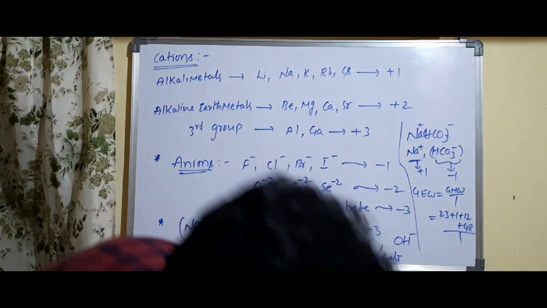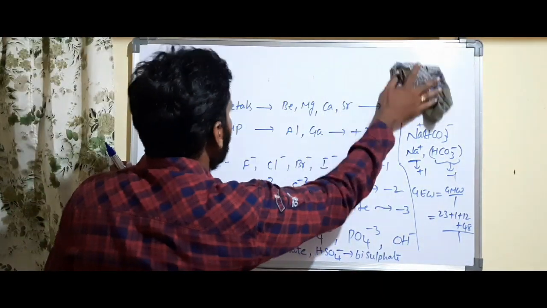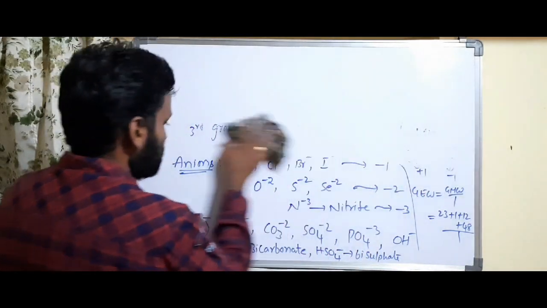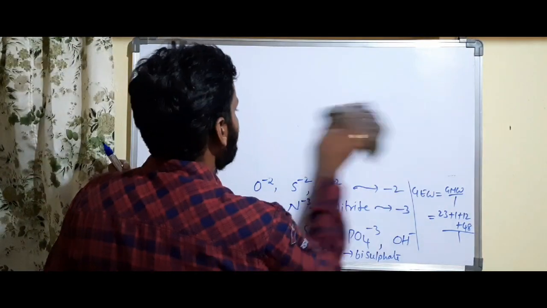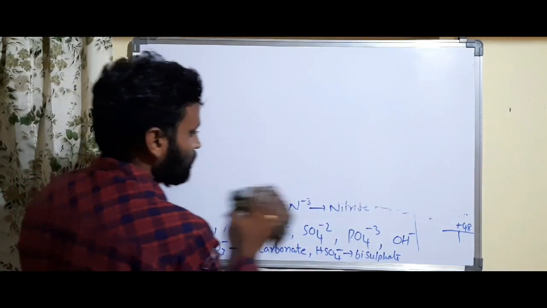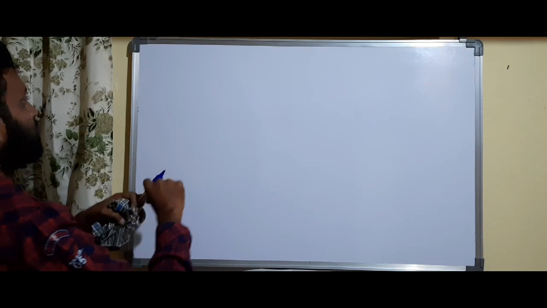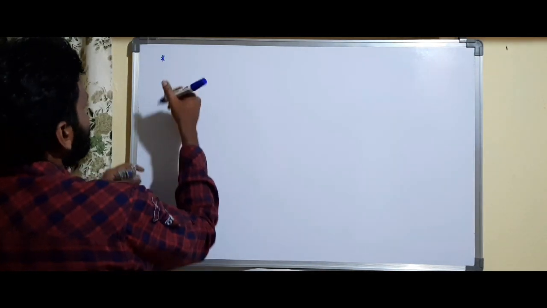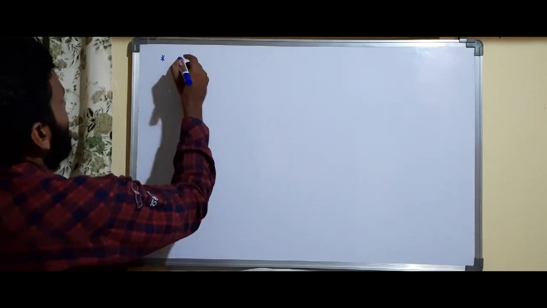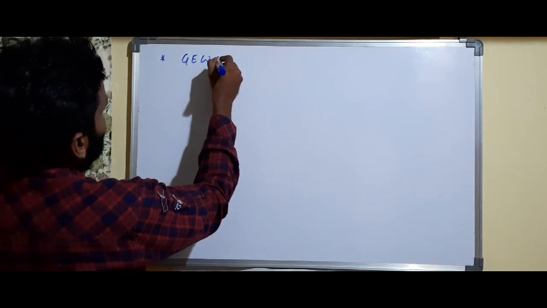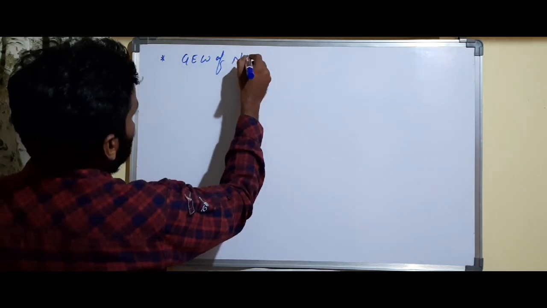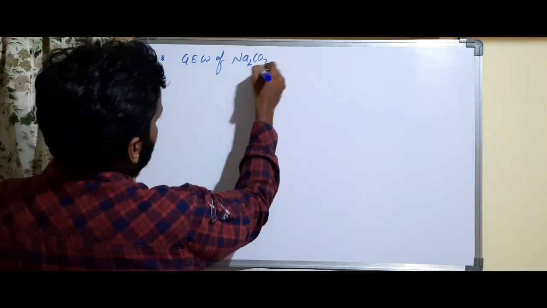What will be the gram equivalent weight of sodium carbonate now? Carbonate means what is the charge I told you? CO3 minus 2. So those charges we must remember, everyone. These are very, very important for us. Let's see the gram equivalent weight of Na2CO3.